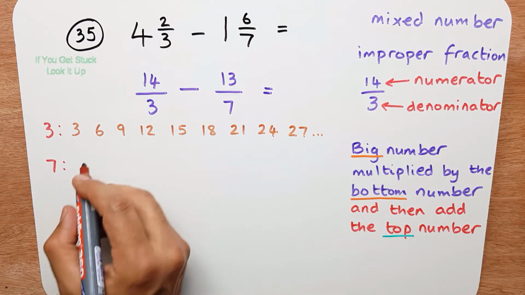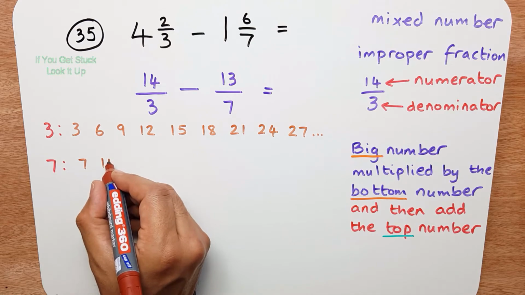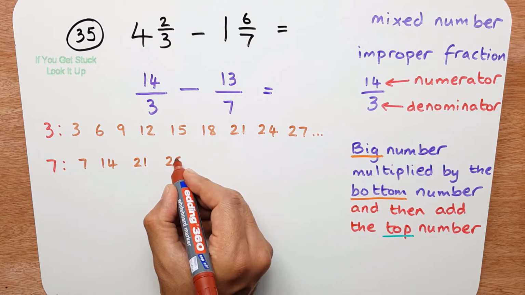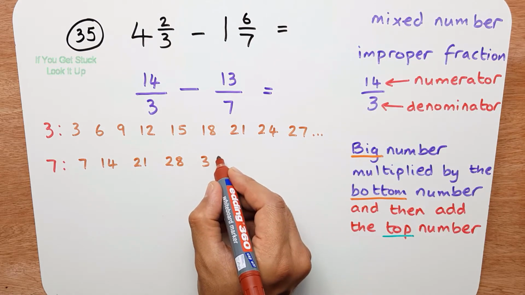And then we have 7, 14, 21, 28, 35, and so on.